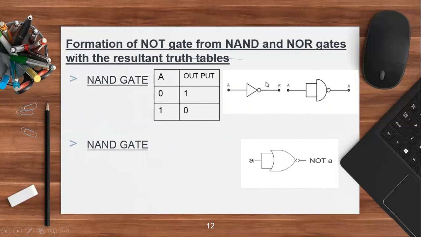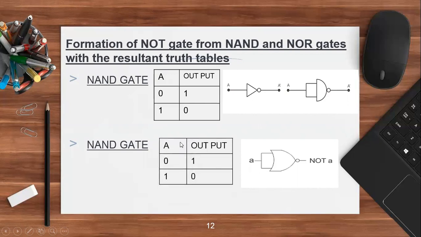If the two inputs are connected into one single input, then it becomes a NOT gate. And this NAND gate is also a formation of the NOT gate. You see, the NAND gate is equal to the NOT gate.